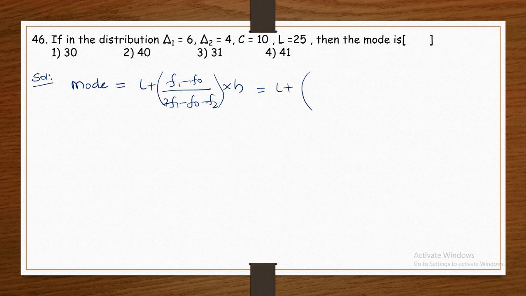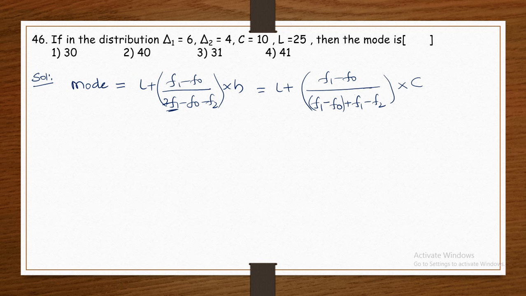Here this F1 minus F0. So this is F1 minus F0, and this 2F1 I can write as F1 plus F1. So one F1 I will be giving to F0 and another F1 I am giving to F2 into H. So this particular H can be written as C also.